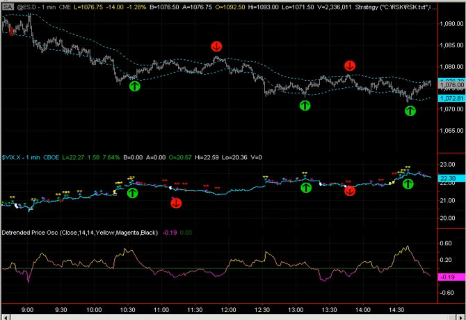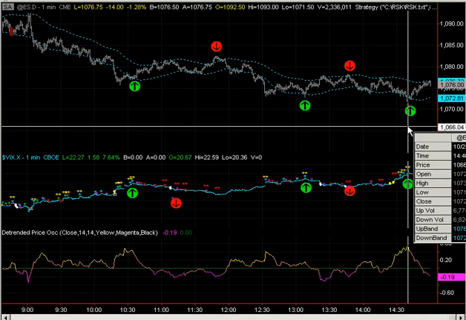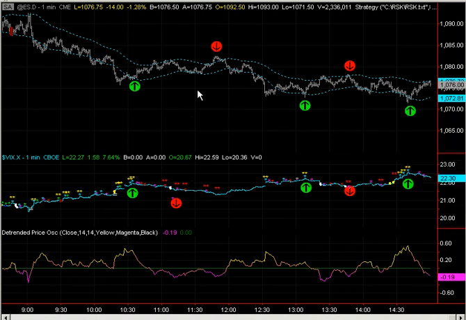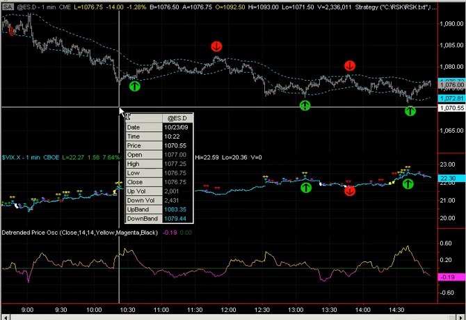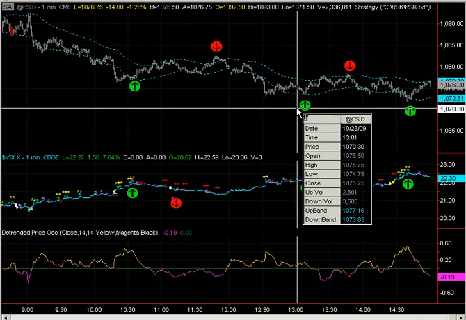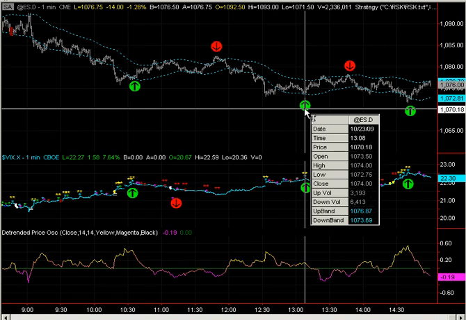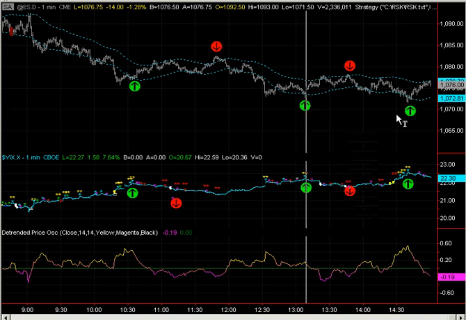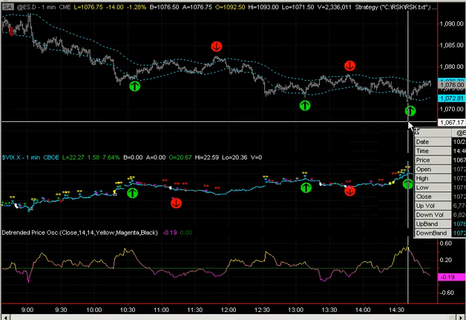Now on our chart that tracks divergence, we're going to show you these three places, right here, and right here, where we have divergence. So we're going to look at the times of about 1022, 1308, and 1440.